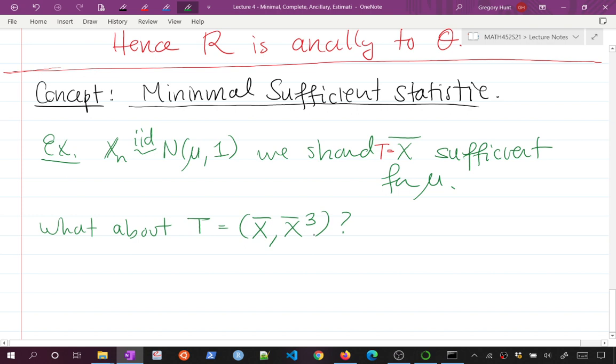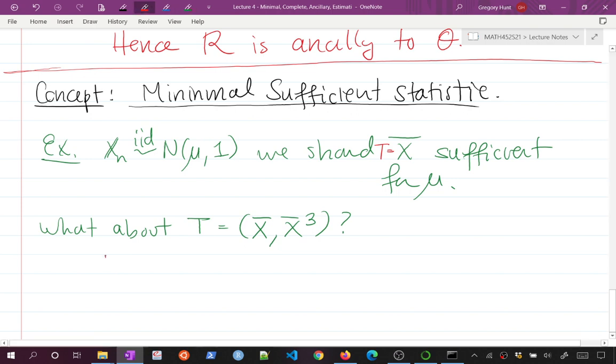I can add on other information in the form of x bar cubed if I want. It's not actually going to help me. I already know everything about my parameter mu, or all of that's kind of encapsulated in x bar. Nonetheless, it doesn't actually hurt. It doesn't make it not sufficient to add on extra information. It doesn't actually get me anything, but it doesn't hurt.